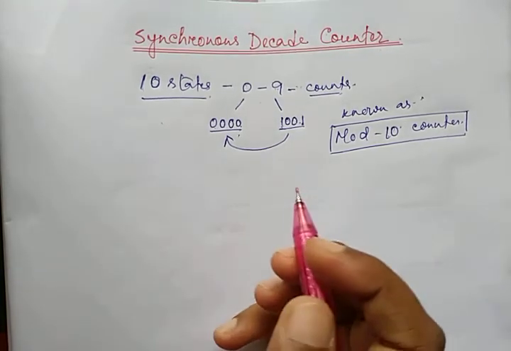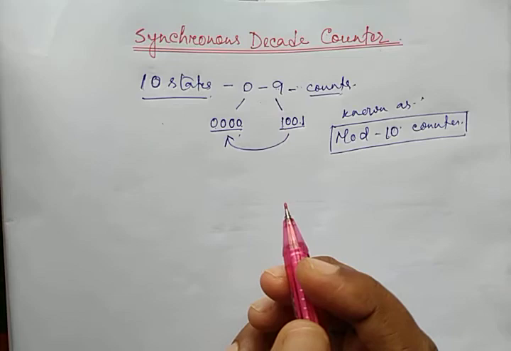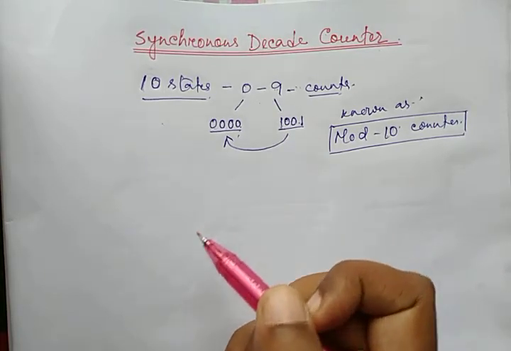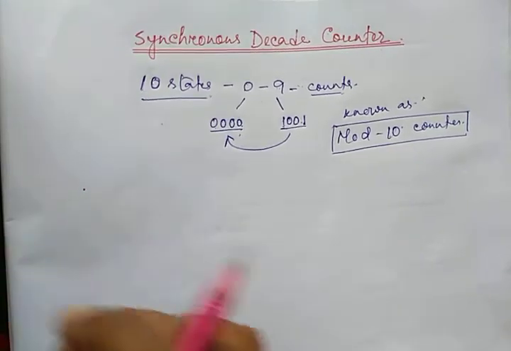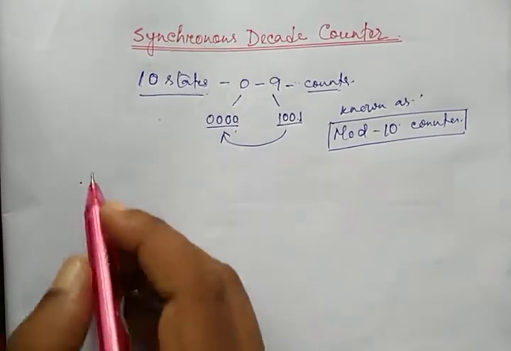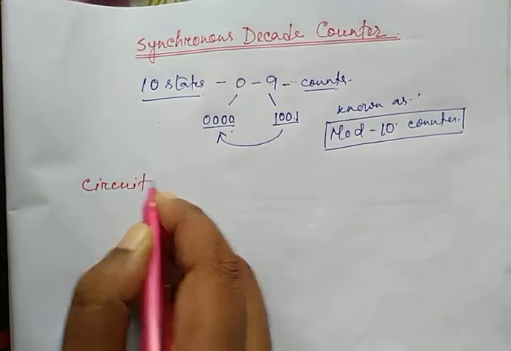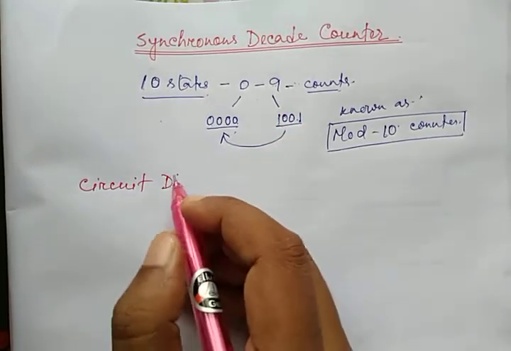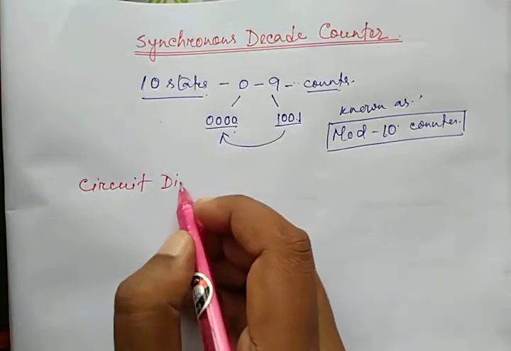Now let us draw the circuit diagram of synchronous decade counter. There is some trick in order to convert it back to its 0 position after counting 9.